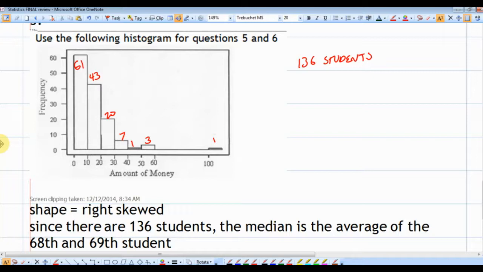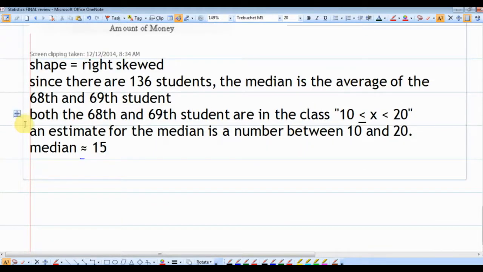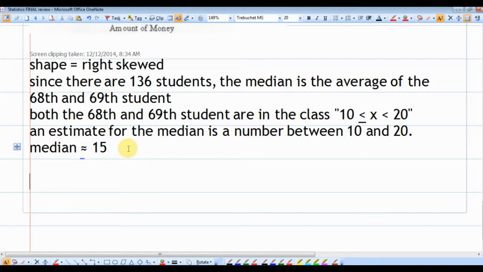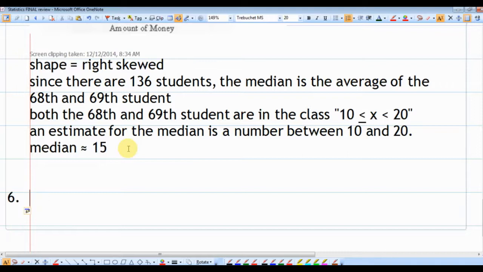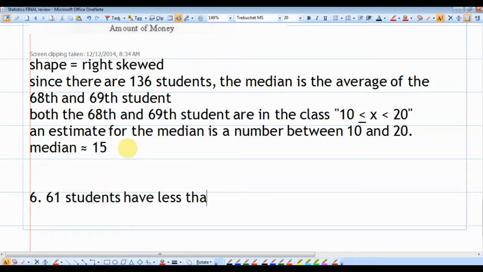All right, we should look at 6 too. Six says the percentage of students with under $10 in their possession. Well, how many students have less than $10? 61 students have less than $10.